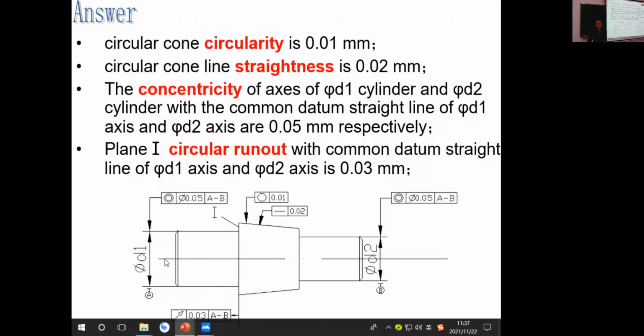Instead of writing A and B, if you write A1 and A2, it's wrong, right? Instead of writing A and B, I write D1, D2. No, it's wrong. Just A is here and B is here, not like D1, D2.